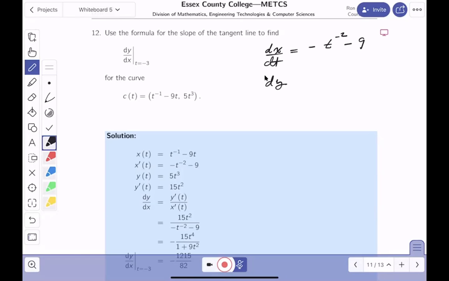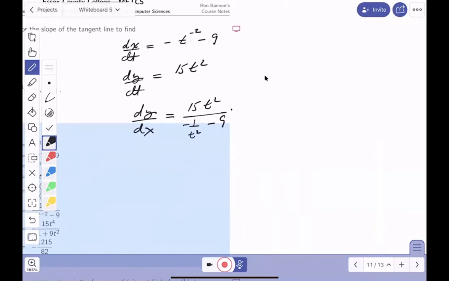And dy dt is going to be 15t squared. Dy dx is going to be 15t squared over, I'm going to write this as minus 1 over t squared minus 9. I'm going to multiply top and bottom by minus t squared. And you're going to get minus 15t to the 4th.